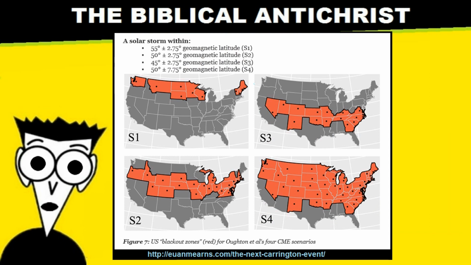According to current computer models, if a geomagnetic superstorm were to occur, there are 4 possible scenarios which could affect the United States electrical grid.